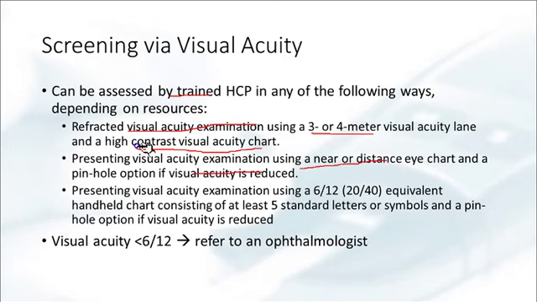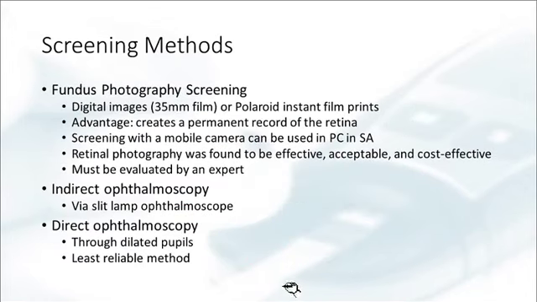And then also presenting visual acuity examination using a 6/12 equivalent handheld chart consisting of at least 5 standard letters or symbols and a pinhole option if visual acuity is reduced. Now, if you're going to use the handheld chart, a visual acuity of less than 6/12 is definitely requiring a referral to an ophthalmologist.